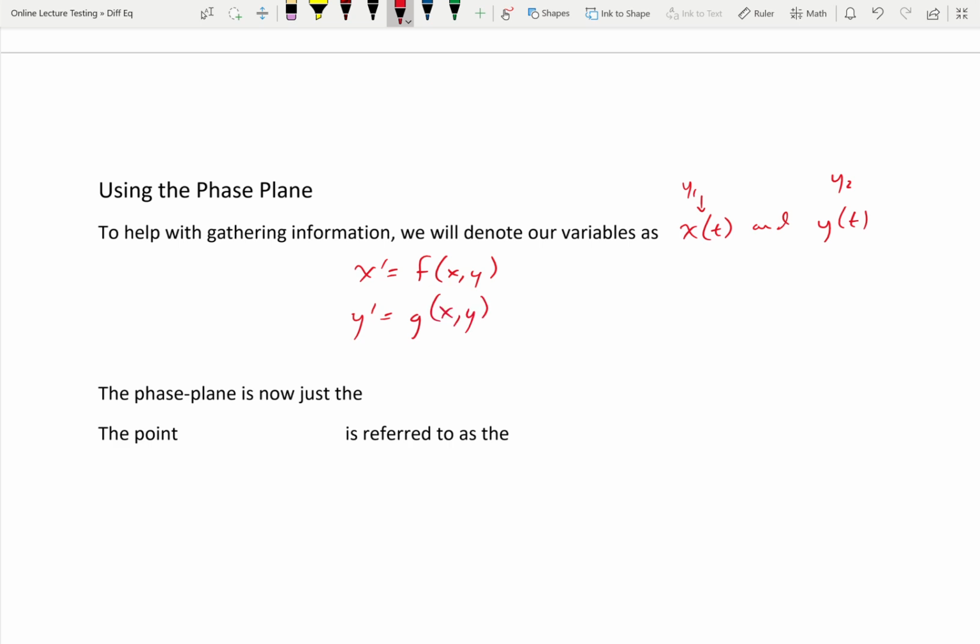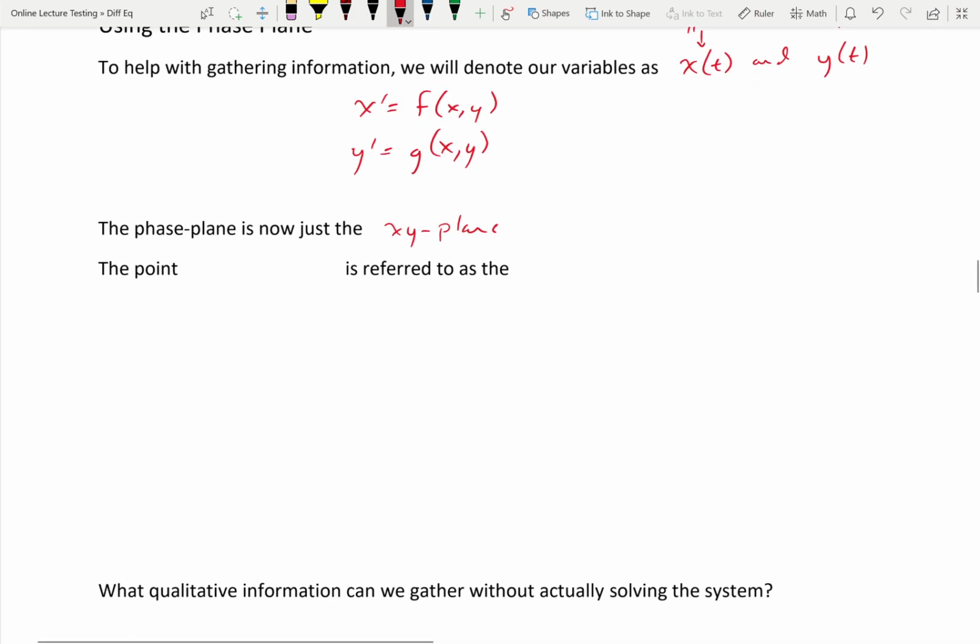So now, if we think about it, the phase plane is just now the xy plane. So it makes life a little bit easier because we're used to dealing with the xy plane when we're graphing. All right, so now when we talk about x, we're talking about y1, and when we talk about y, y2. So the point x of t, y of t is referred to as the solution point.